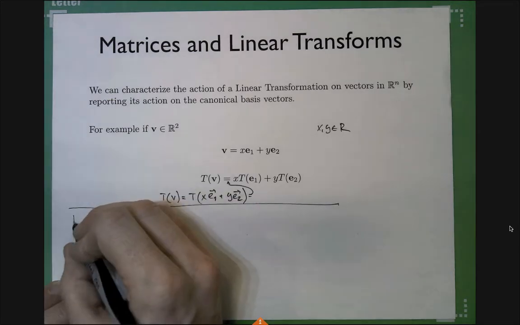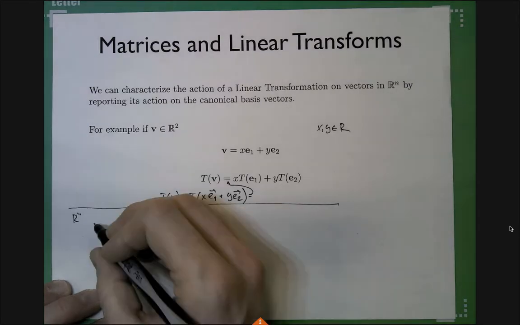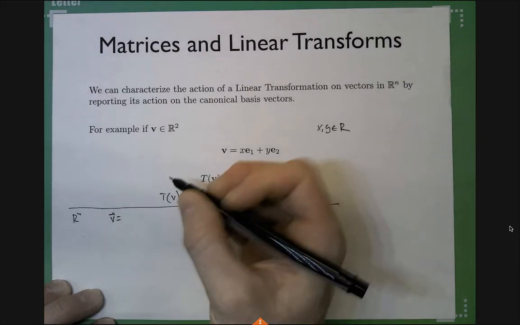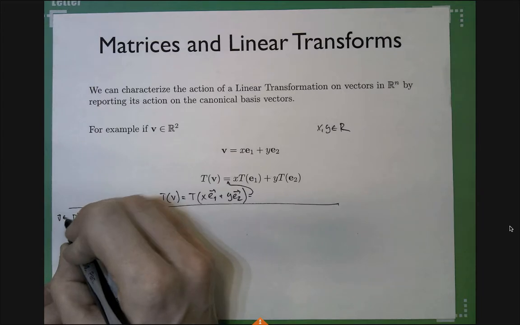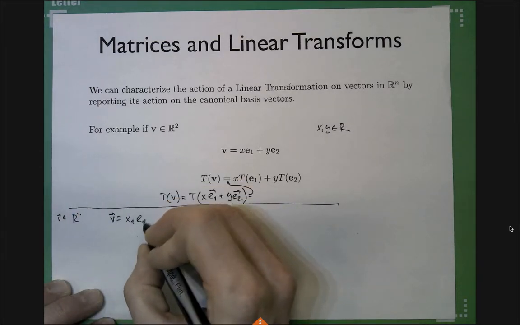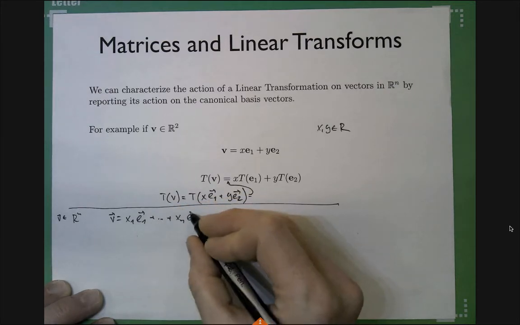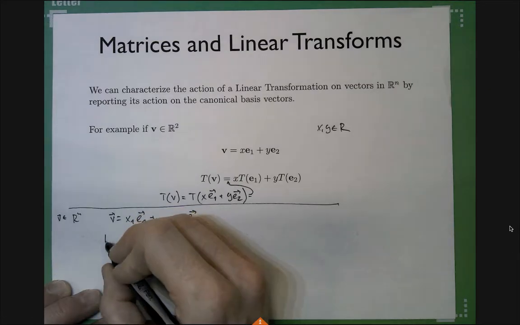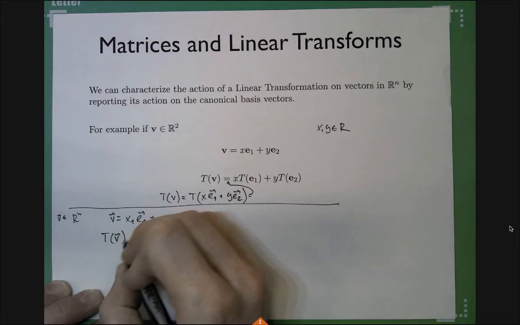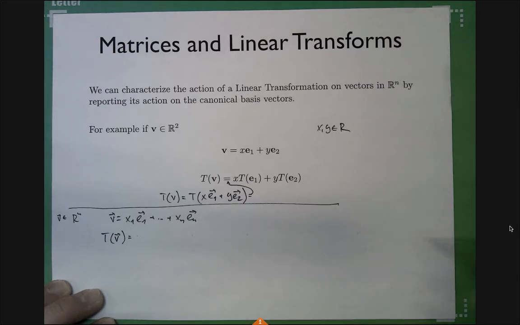So in Rn, we have the standard basis, which I just explained. So the vector v, if it's from Rn, that splits into x1 e1 plus up to xn en. If I apply the linear transformation T to v, then I can just apply this property recursively, one by one.